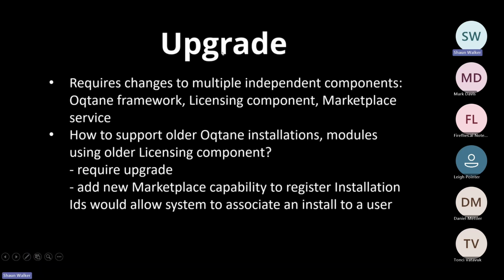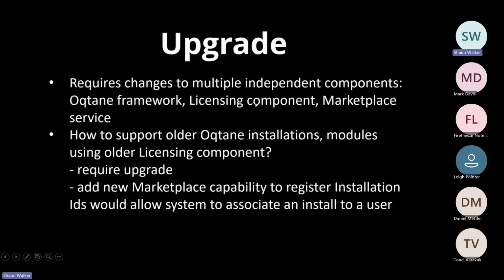And so as a result of that, if I shift back to slides, in order to implement these changes, it requires changes to multiple independent components. It requires changes to the Oqtane framework, which is what I just showed you, where you have to specify your email and password, and it's going to retrieve a token for you. Without that token, it's not going to be able to interact with the marketplace and figure out which products a user has purchased previously, so that's a requirement.